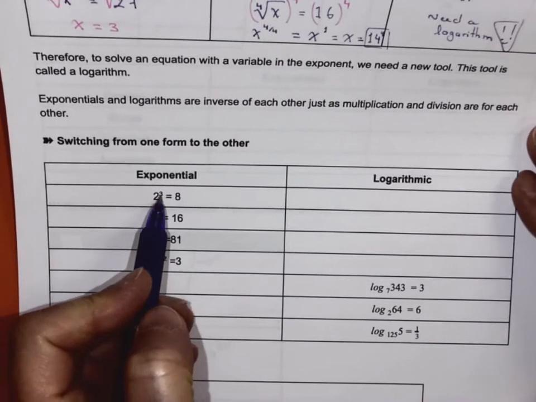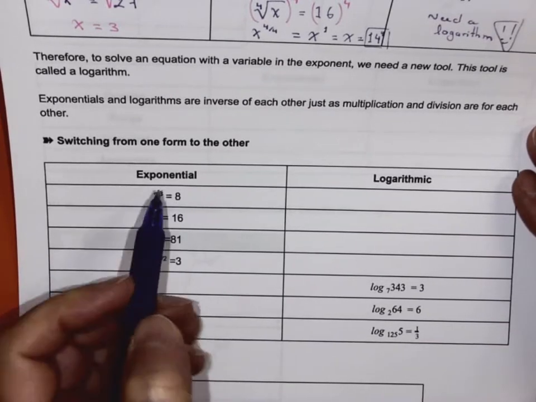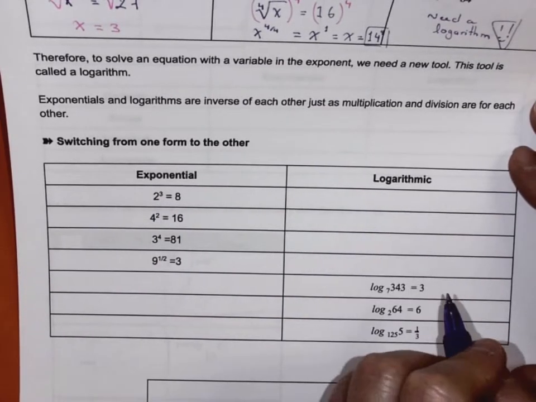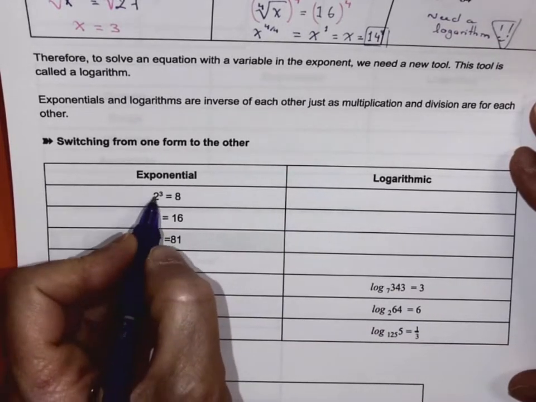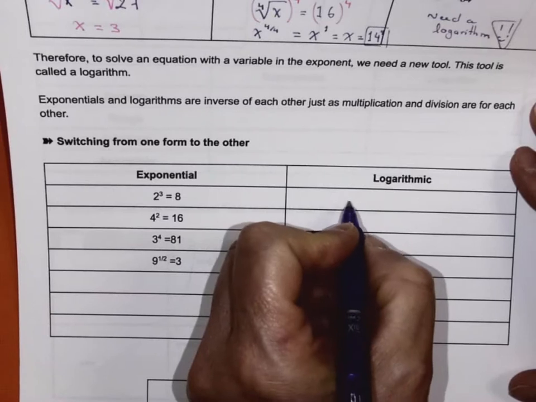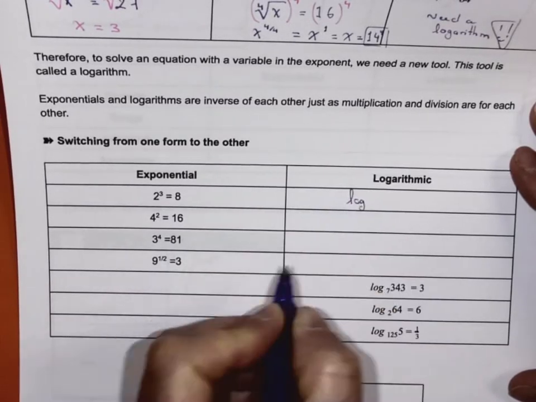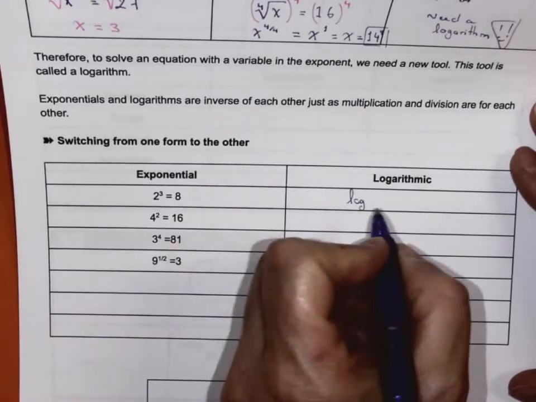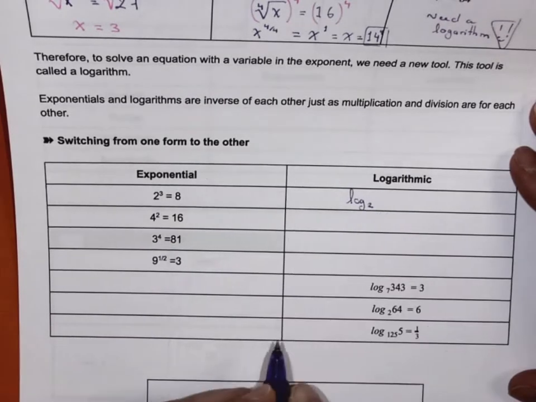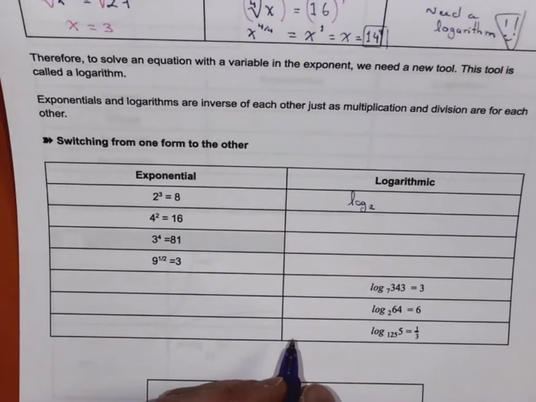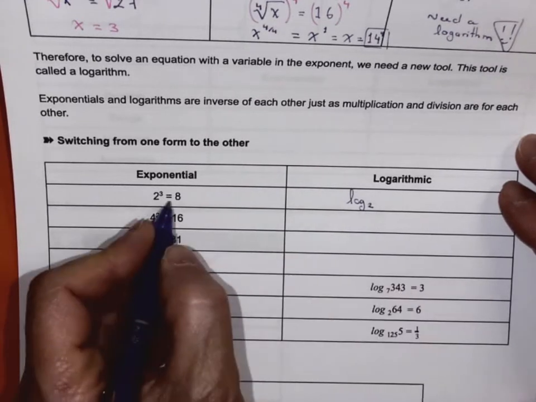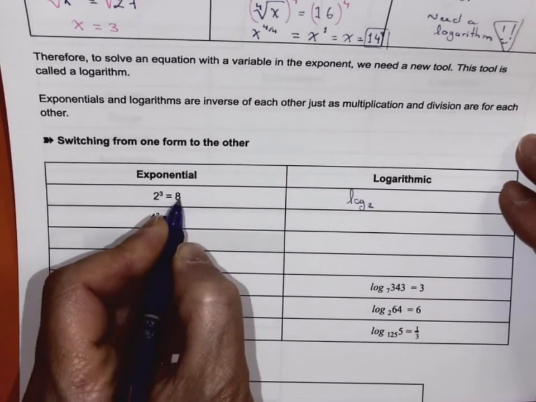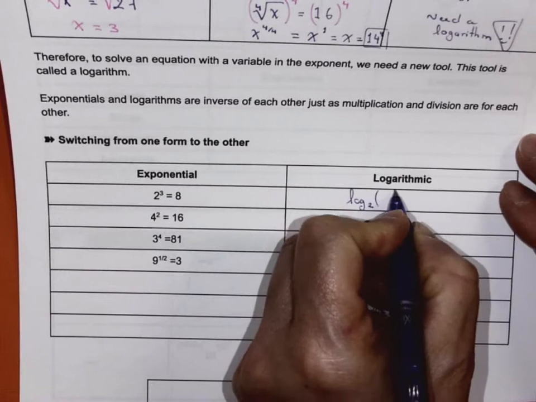So what is 2 cubed equals 8 in a logarithmic form? Well, if you recall when we did the things in our calculator, I always said the base of the exponent becomes the base of the log. So you have a 2 here as a base, the little number, the subscript, which is a lower number. And then whatever that exponential is equal to will be what's inside your log.